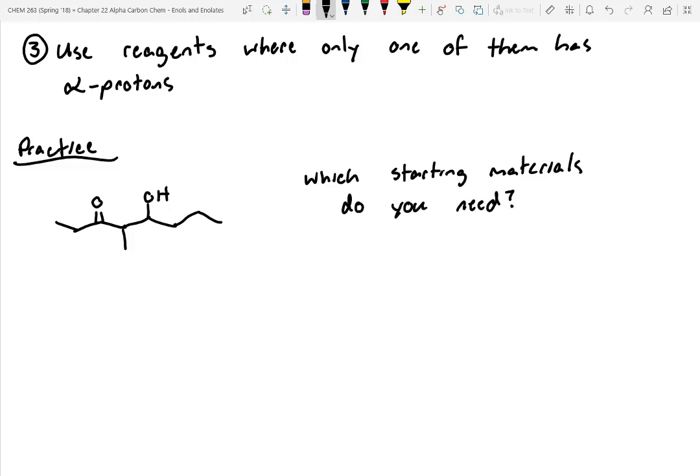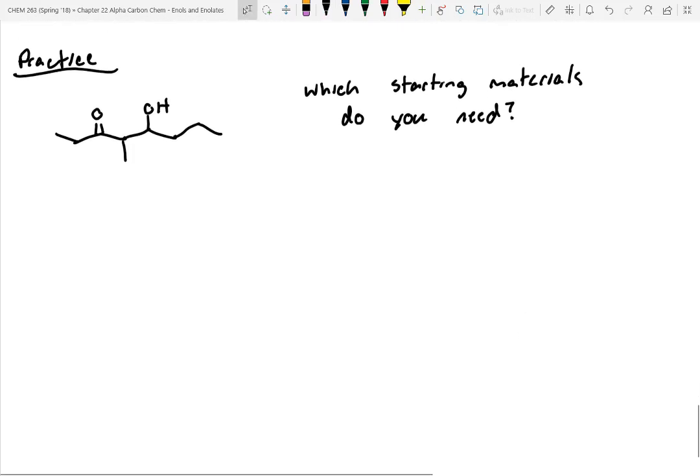And you can use those same tricks that I showed you last week. If you remember last week, the key thing we needed to do was to identify the alpha-beta positions. So the alpha position is always going to be the position next door to your ketone or aldehyde. It's right here. Beta is going to be one further away, and that's where the hydroxy group's coming off of.